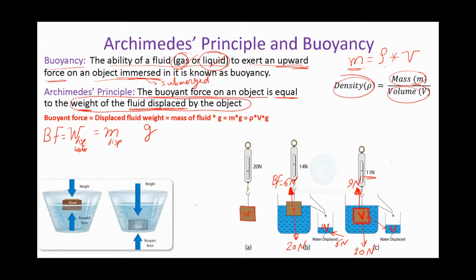So I will remove this mass and write density times volume. Density of what? I'm talking about this amount of displaced water. So this is the density of water, or whatever liquid you are talking about. If it is not water, it will be oil or glycerine or whatever.